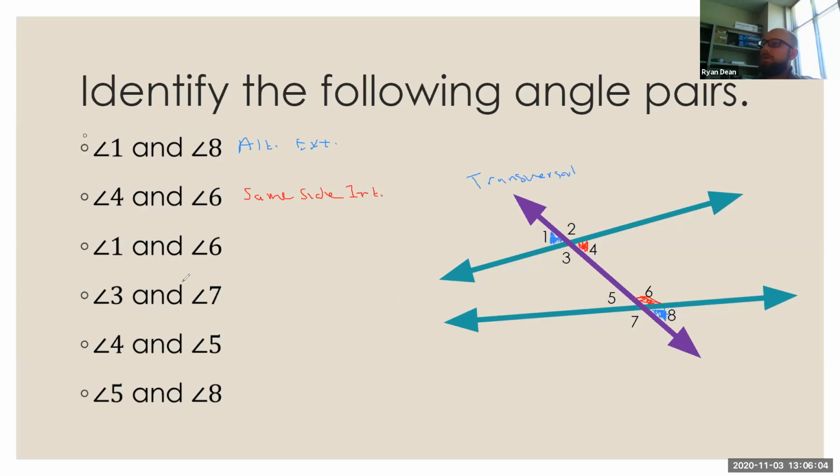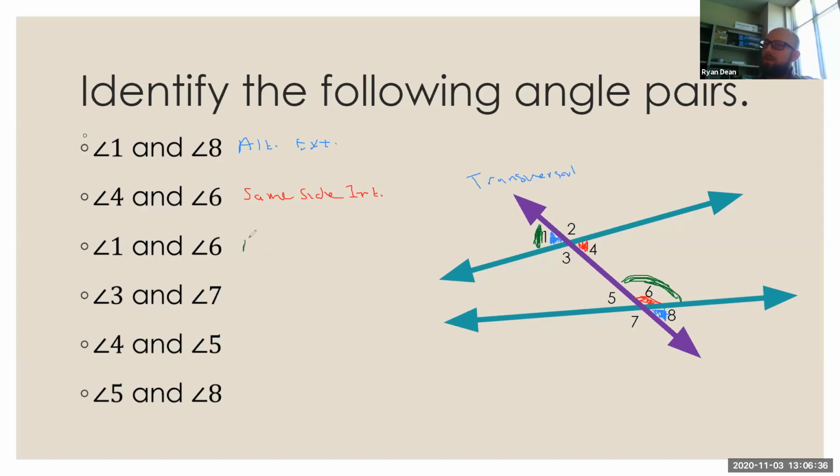I'll do one more. Angle 1 and angle 6. So here's angle 1. I'm going to do angle 1 in green. Angle 1 and angle 6. Notice that they're on opposite sides of the transversal.